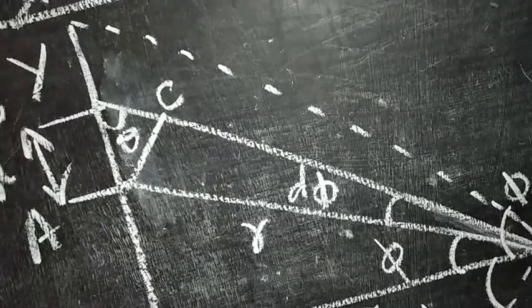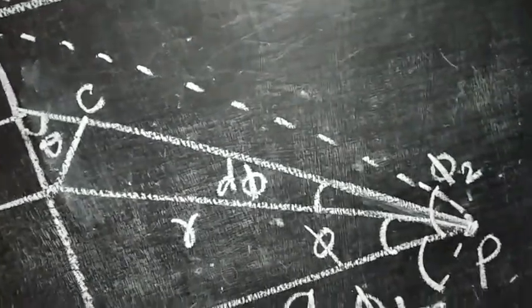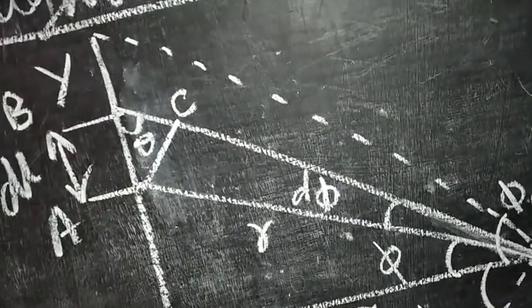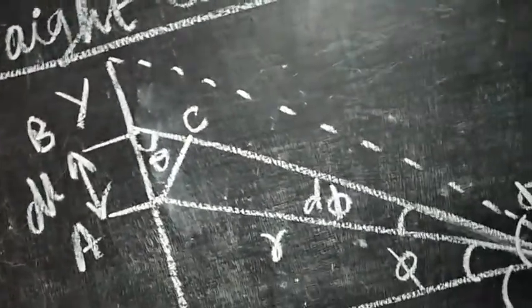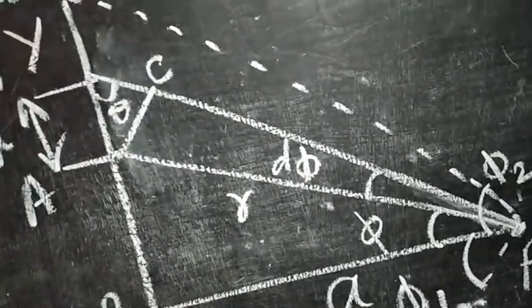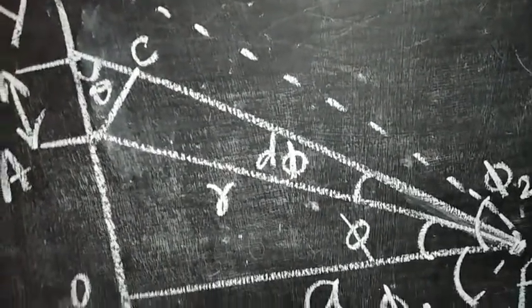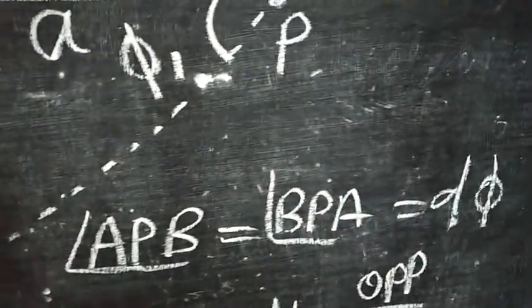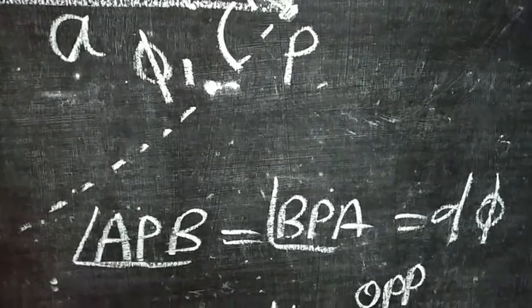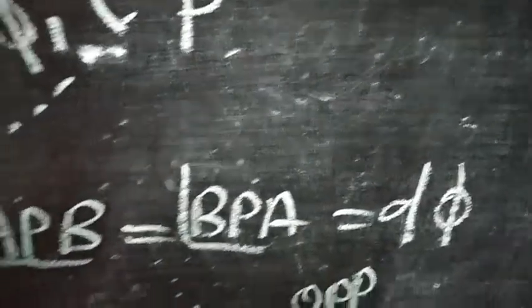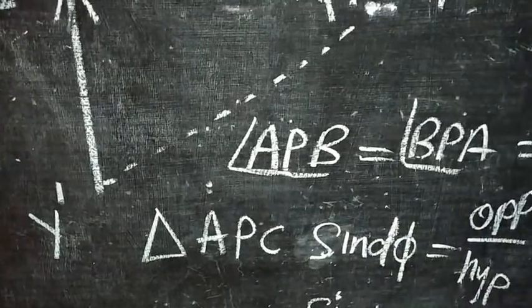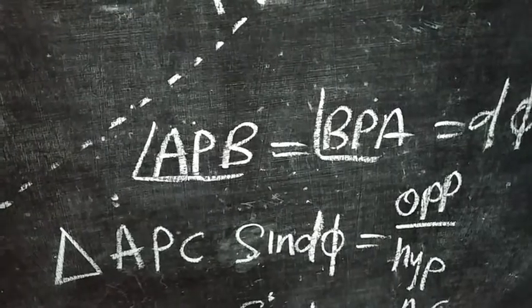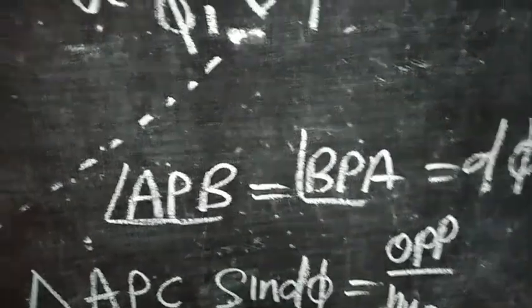From the diagram, angle APB equals angle BPA equals d phi. In triangle APC, sin d phi is equal to opposite side by hypotenuse.